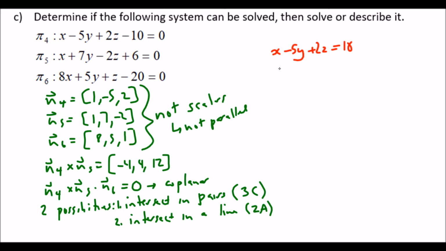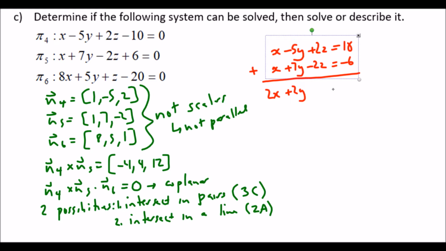So that's equation 1, and I'm going to have here x plus 7y minus 2z is equal to -6. All right, and I'm going to eliminate the z's. Why? Because I'm going to add here. So I get 2x plus 2y is equal to, that's a 10, not an 18. Okay, that's good to know.